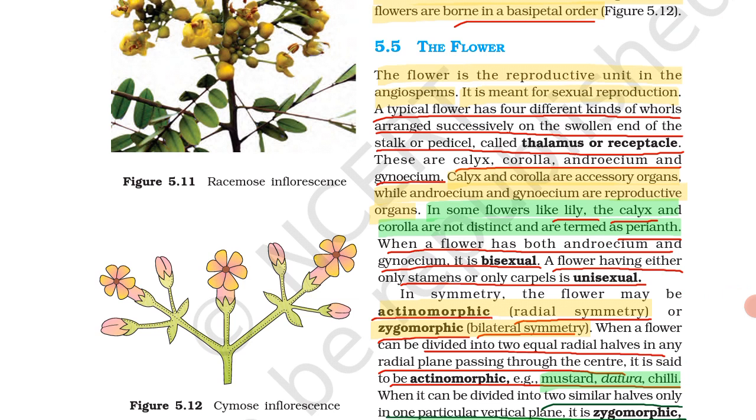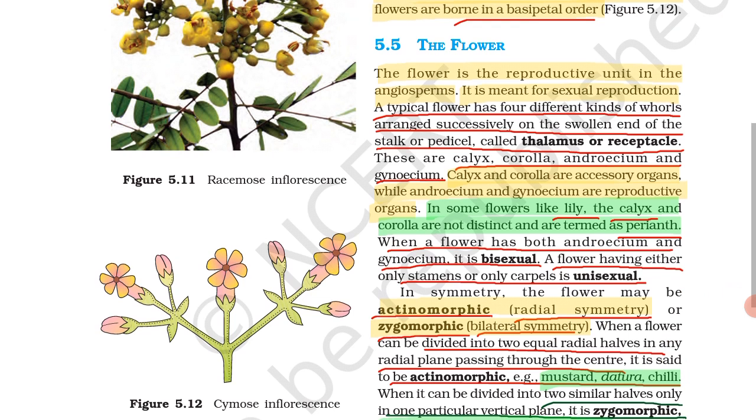In symmetry, the flower may be actinomorphic, showing radial symmetry, or zygomorphic, showing bilateral symmetry.